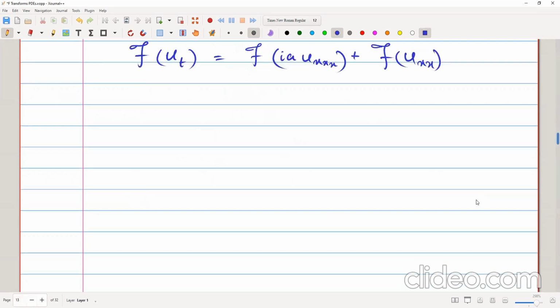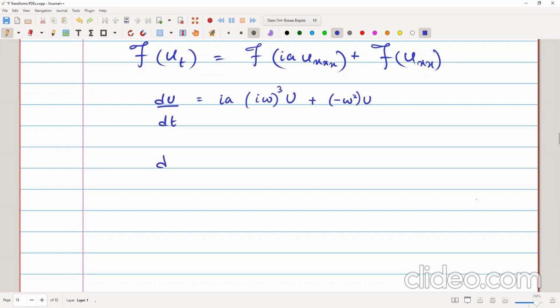All right, so the Fourier transformation of u_t is nothing but du over dt, and then i times a, it's a constant, and Fourier of this function will be nothing but i times omega cubed times u hat plus the Fourier of this thing will be negative omega squared times u hat.